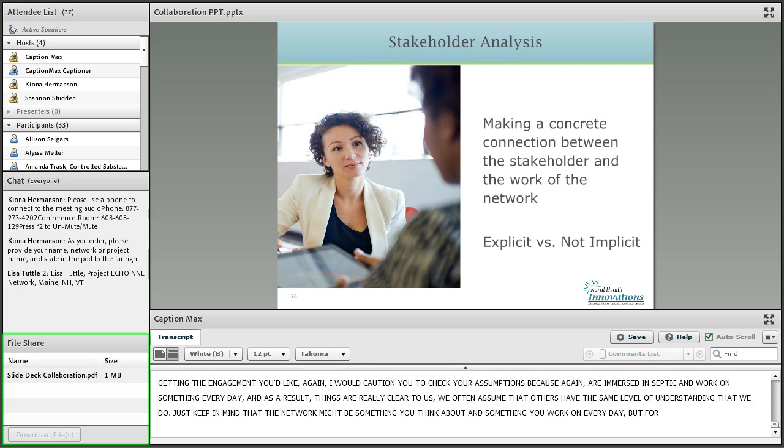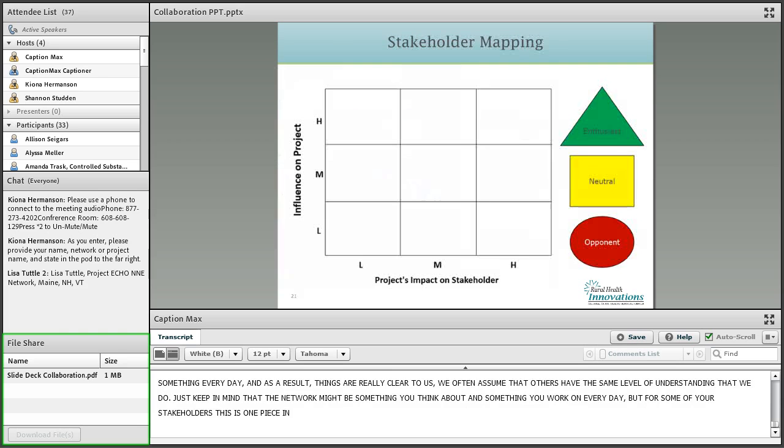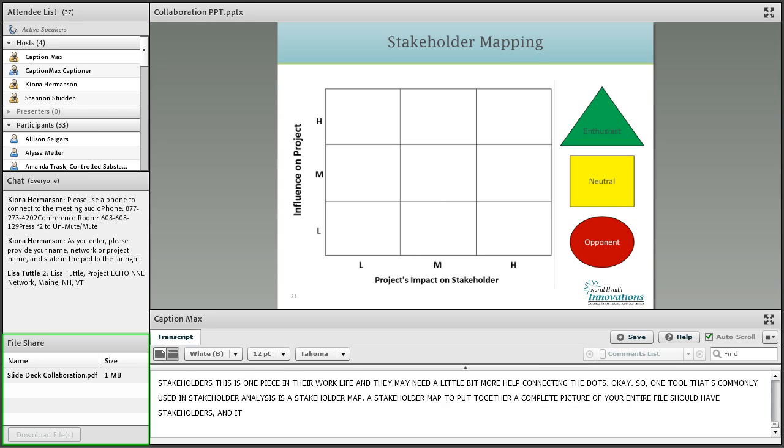So what I'm going to do is show you two stakeholder analysis tools that I've used in situations that are similar to a network, where one person is trying to get buy-in and some action from people that they don't have formal control over or formal influence over. And if what I'm sharing with you today doesn't quite fit your situation, feel free to modify it in any way that does get you what you need, or do a search and pull some other resources that are a better fit to your context.